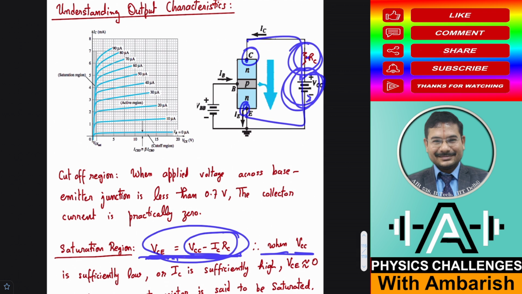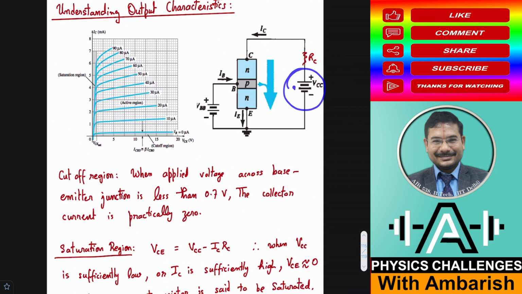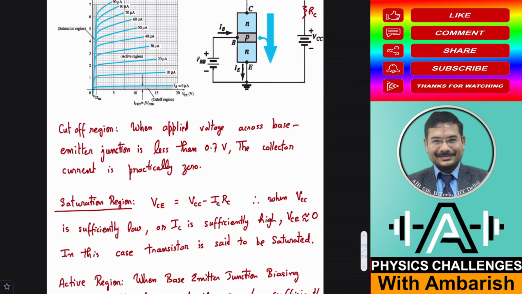Now when VCC is sufficiently low, when this battery is sufficiently small, or IC is sufficiently high, then VCE becomes 0. So this drop becomes nearly 0. And when that happens, we call it the saturation region, right?